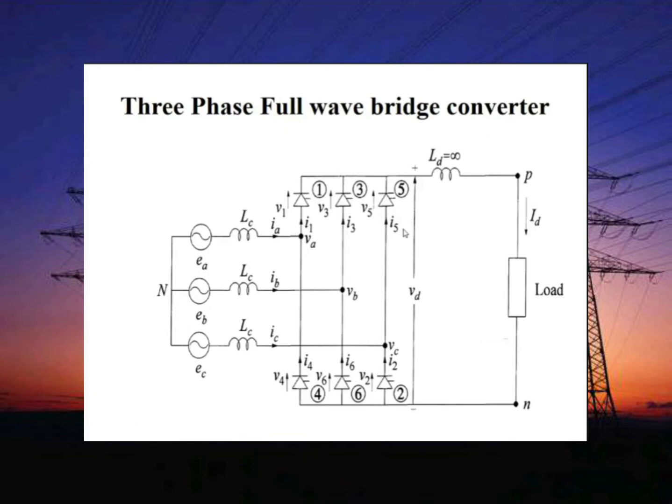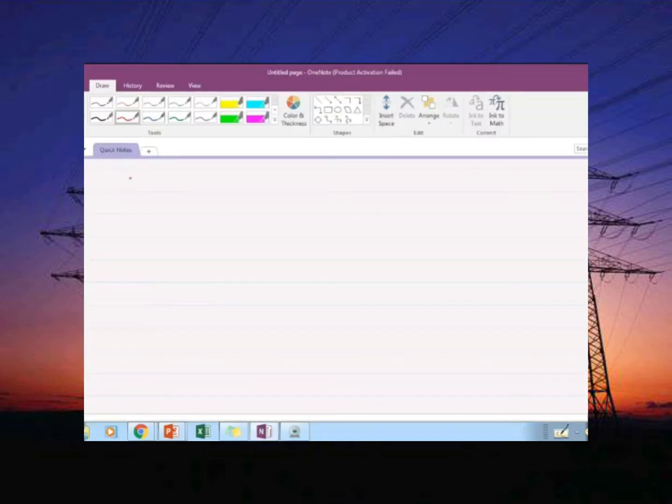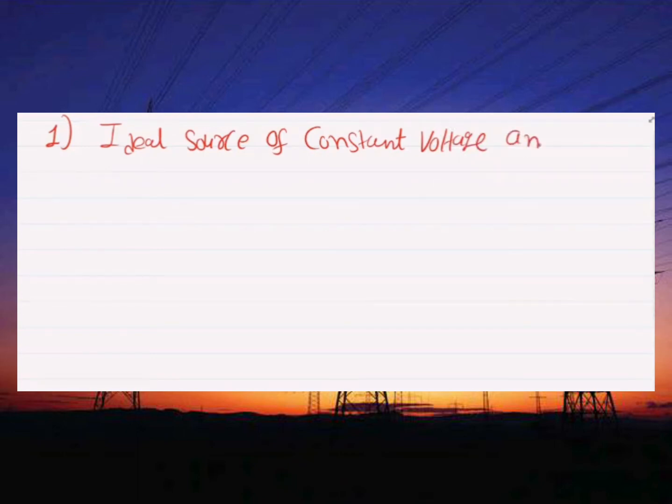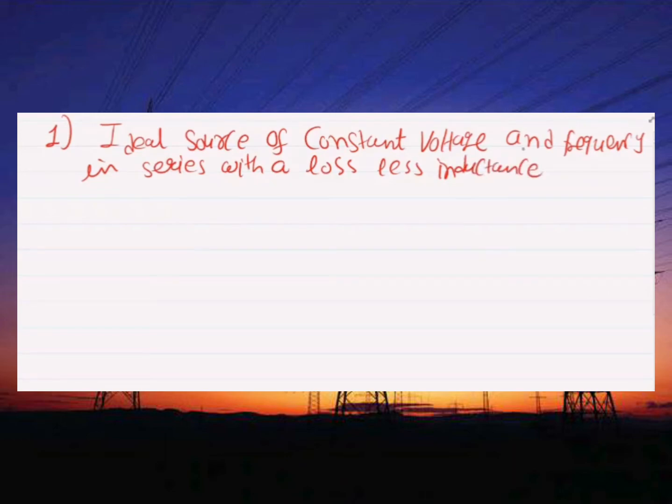The first assumption is that the AC system, including the converter transformer, may be represented by an ideal source of constant voltage and frequency in series with a lossless inductance. This is your first assumption.